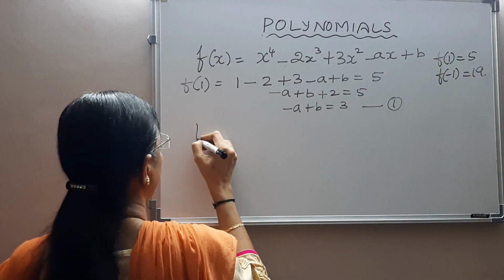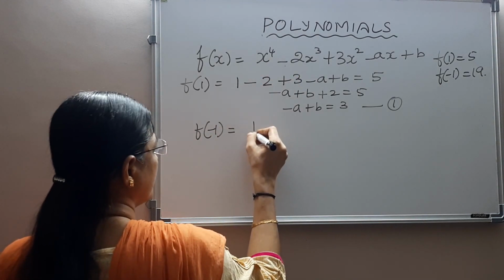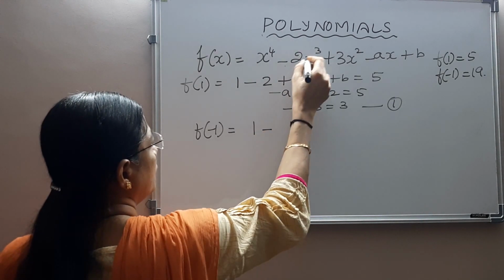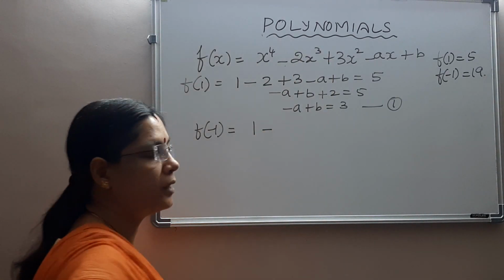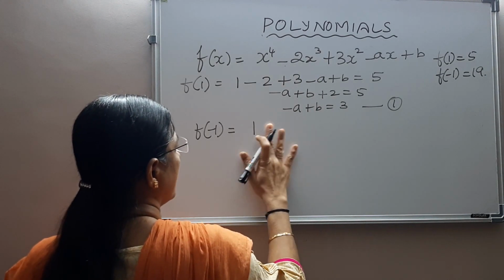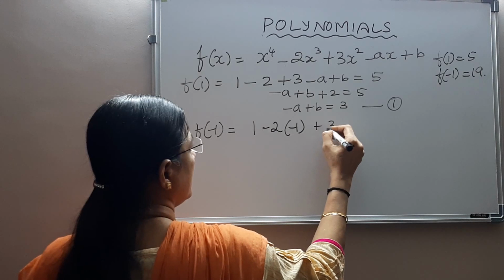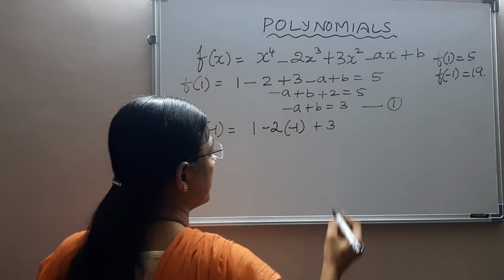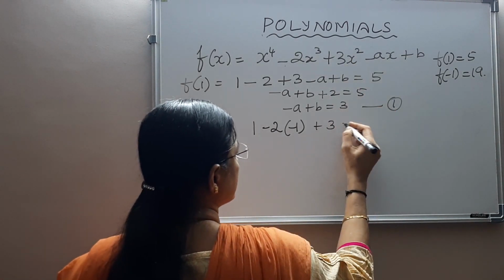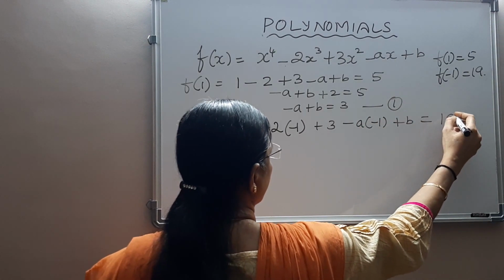Okay, now f of minus 1. I need to determine f of minus 1. So minus 1 the whole power of 4 is 1, minus 2 into x cube, that is minus 1 the whole cube is minus 1. So I'll do it more clearly: minus 1 plus 3 into minus 1 squared is plus 1, so 3, minus a into minus 1 plus b, and this will be equal to 19.